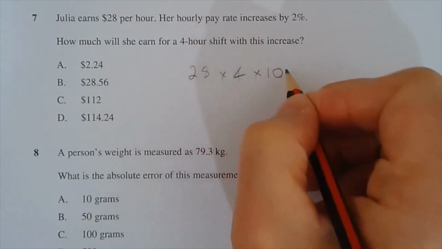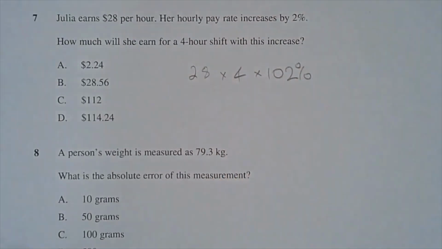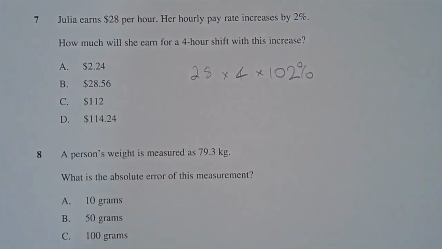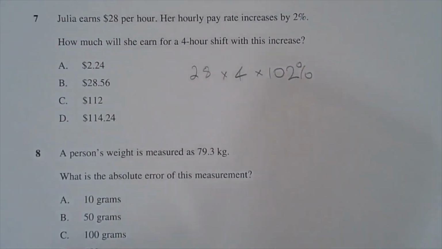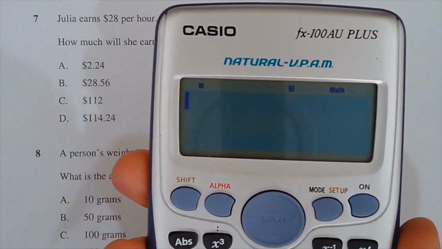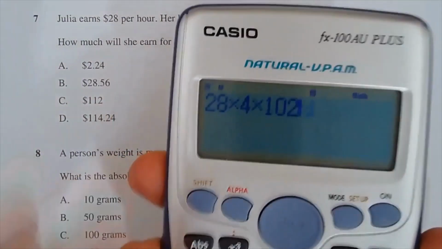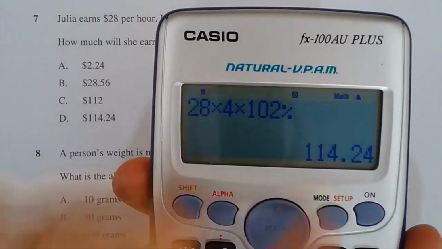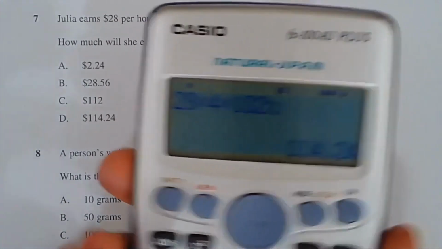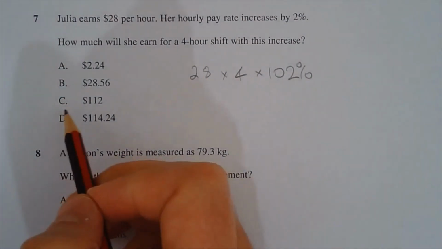And the way we implement an increase in mathematics is to multiply by 102%. Okay. So $28 an hour times 4 hours times 102%. We get $114.24. Option D.